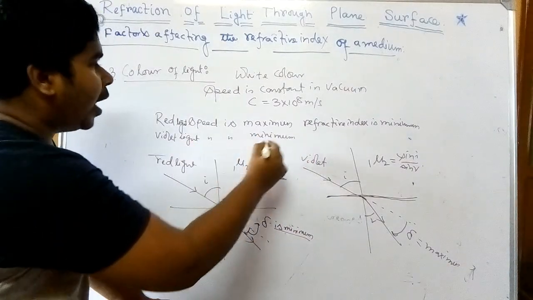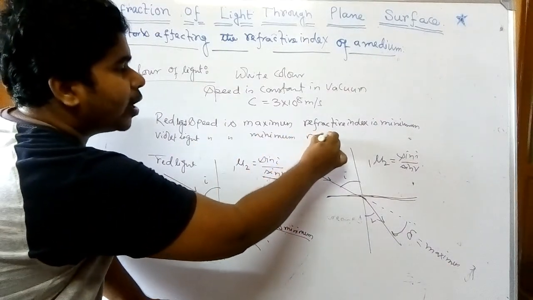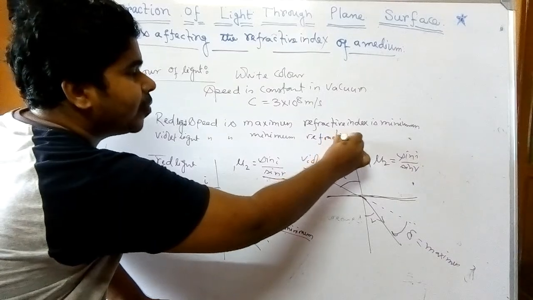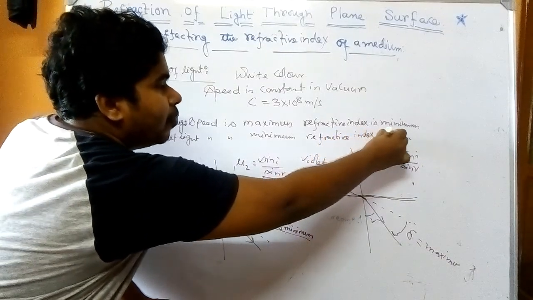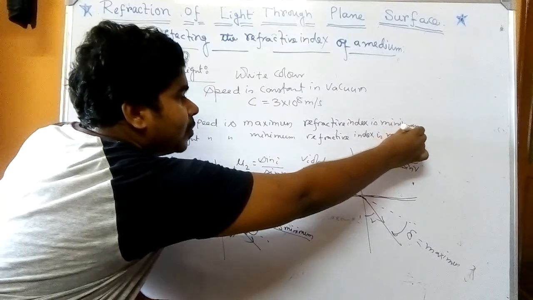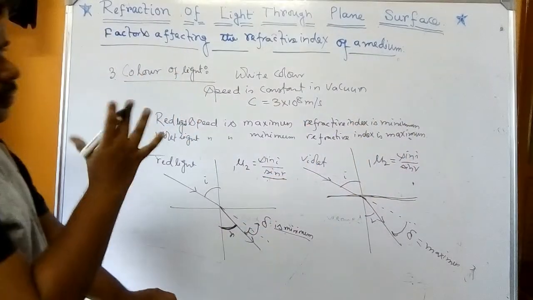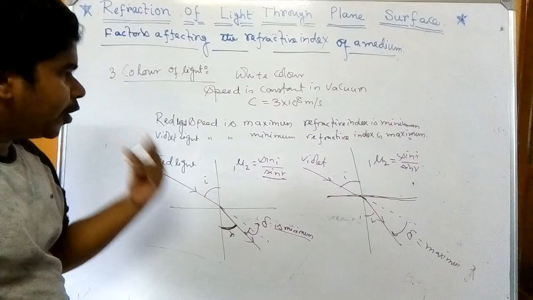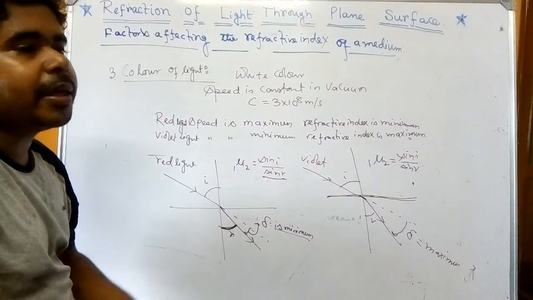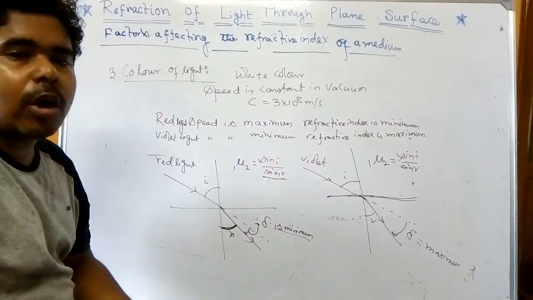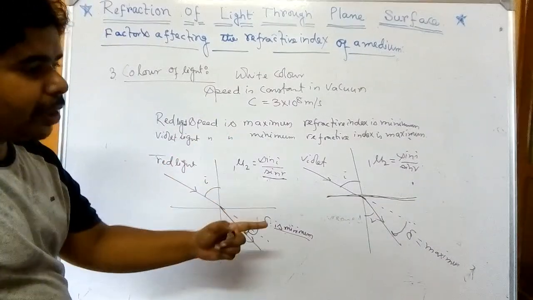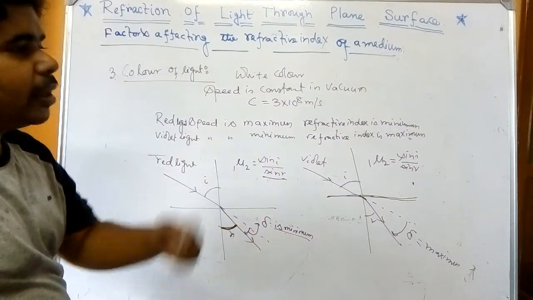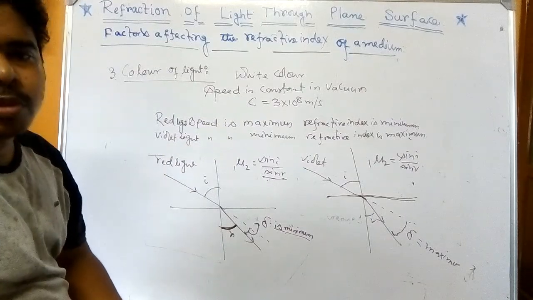And for violet light, the refractive index is maximum. By this way, refractive index is related with different colors of light. As the color is changed in a medium to another medium, the refractive index is also changed.